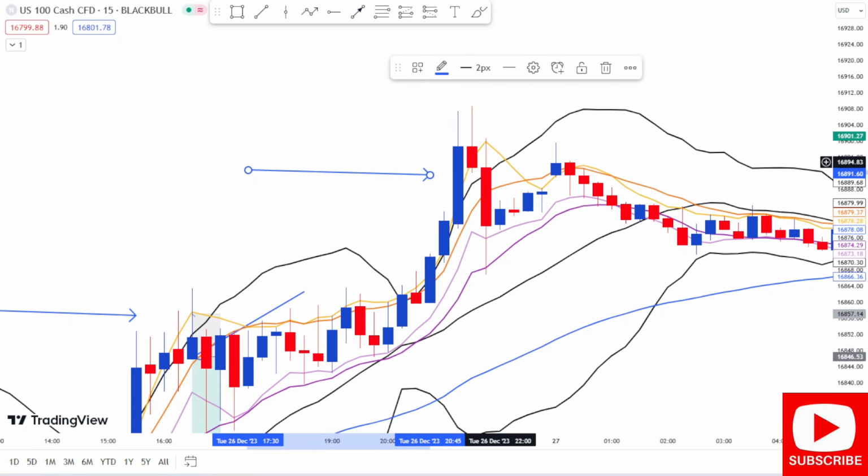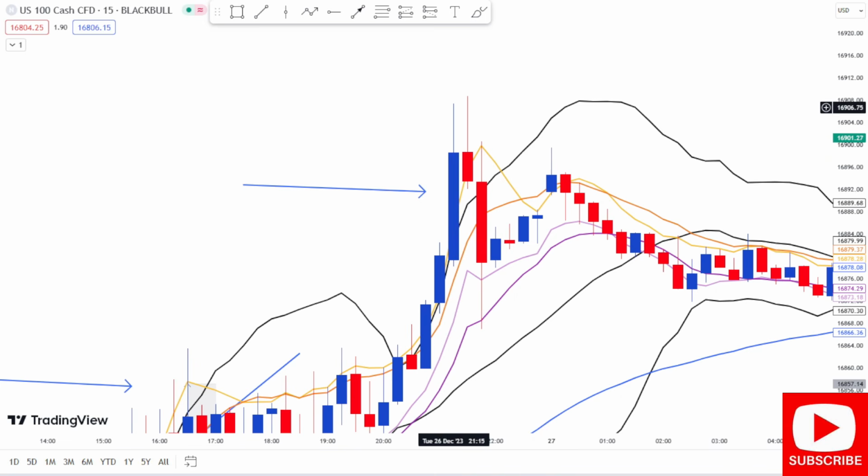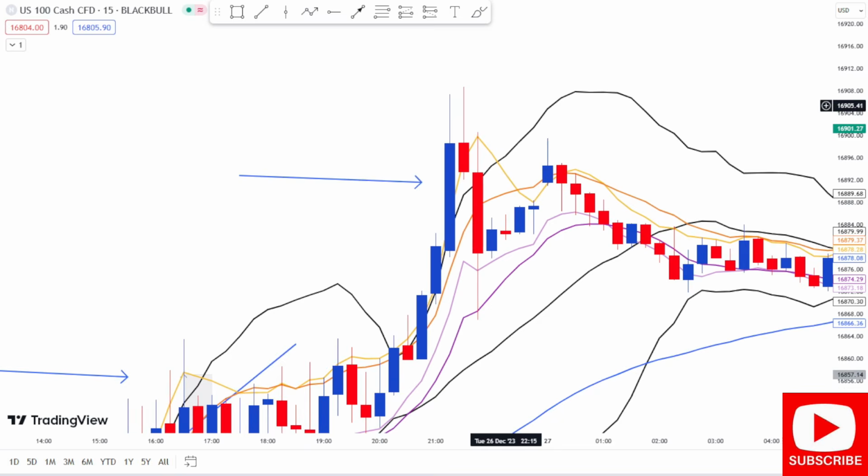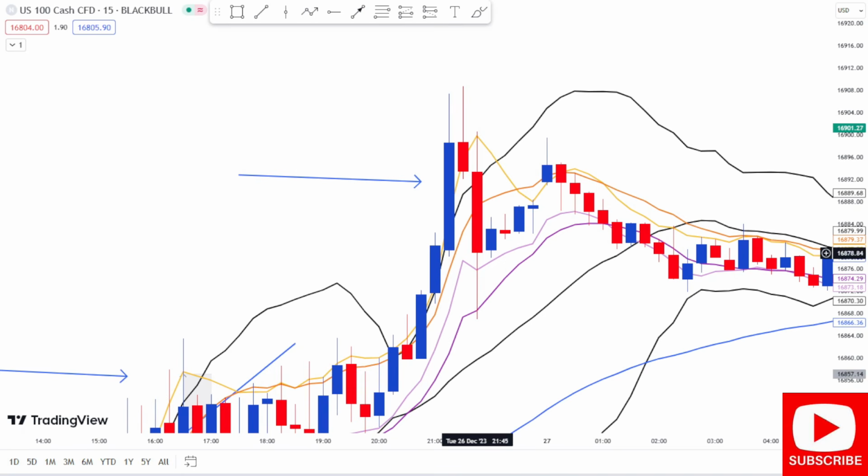So we saw our extreme sell and we wait for price to close inside the Bollinger Band again. Now, when I say closing inside the Bollinger Band, it doesn't necessarily have to close inside the Bollinger Band before you enter your trade. Just make sure price retraces back inside the Bollinger Band before your trade could be active.